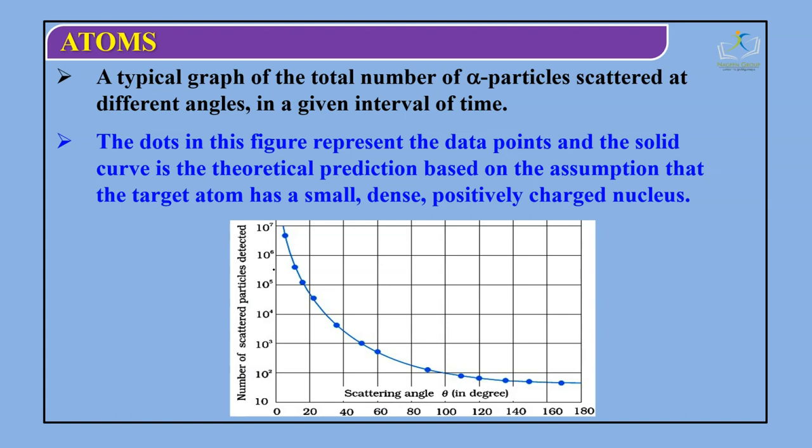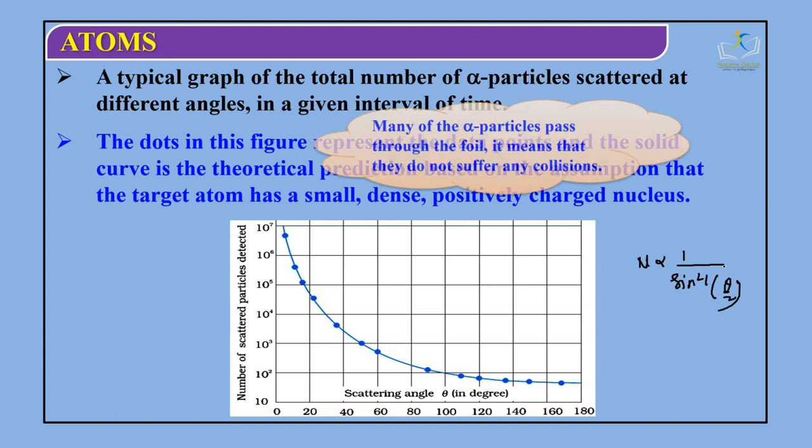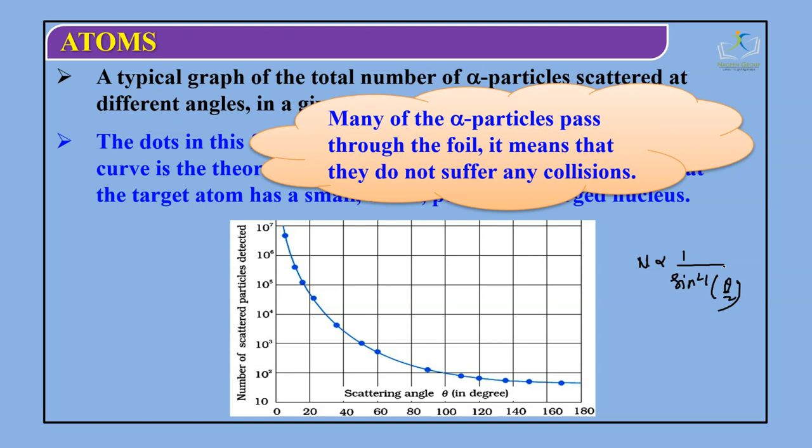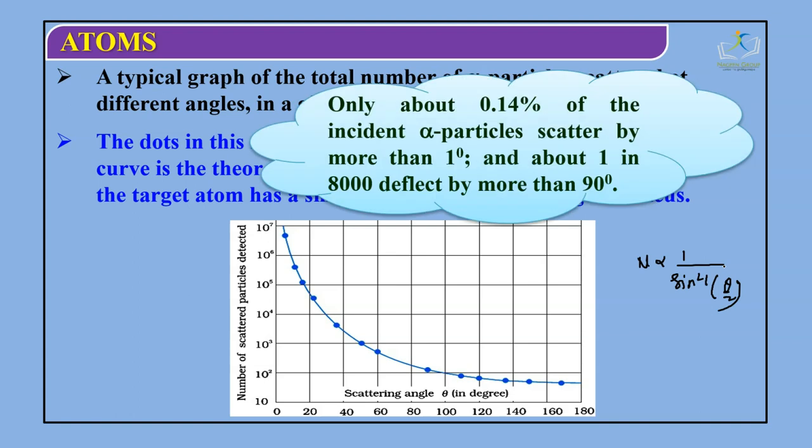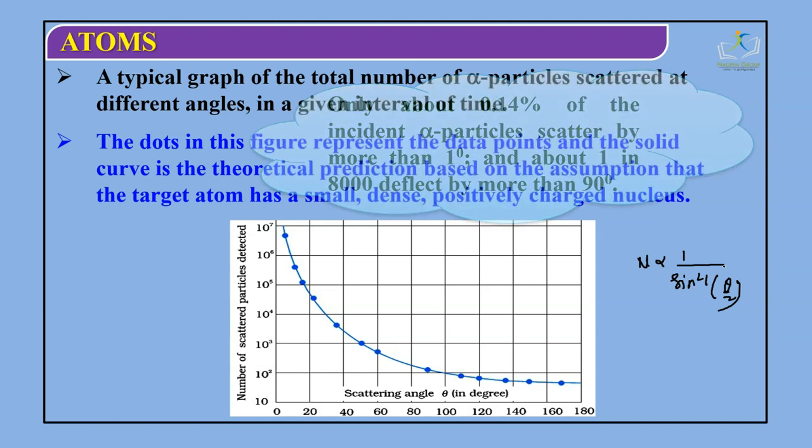The graph comes from the formula N is directly proportional to 1 by sin^4(theta by 2), where theta is the scattering angle and N is the number of scattered particles detected. Many of the alpha particles pass through the foil, meaning they do not suffer any collision. Only about 0.14% of the incident alpha particles are scattered by more than 1 degree, and about 1 in 8,000 is deflected by more than 90 degrees.